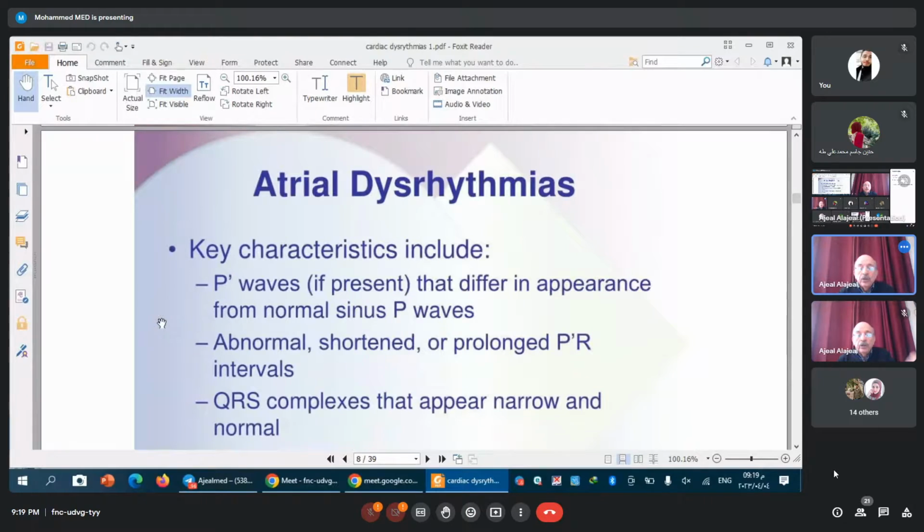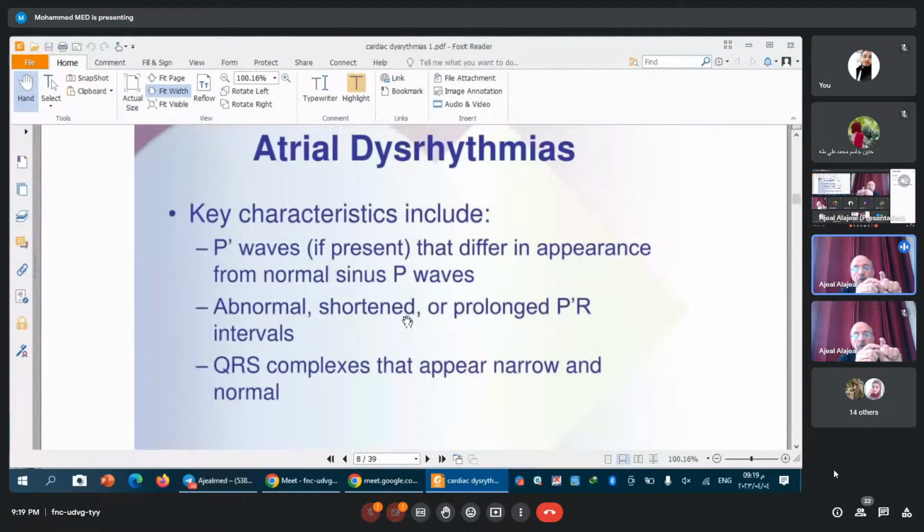If it's located at the level of the SA node, the PR interval will remain 0.2. If it is in the mid-atria, lower than the SA node, then the PR interval will shorten and the P wave will get smaller. Is this clear?